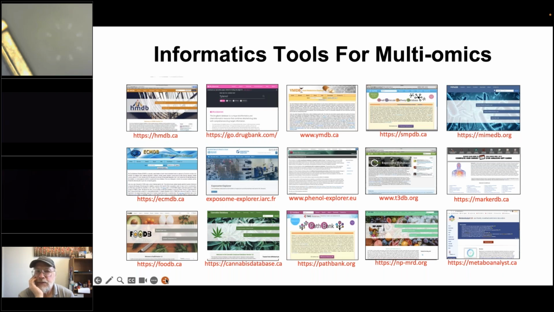There are other databases that we've created for drugs or for yeast or for pathways or toxic exposome or foods, and other tools that we've created to help facilitate this sort of research. These are all databases or servers that we created, as I said, to help make this siloed research a little less siloed and somewhat more integrated.